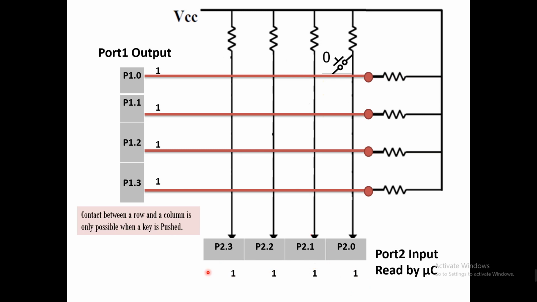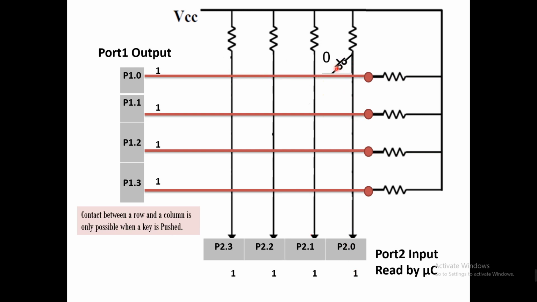Now if you want to push the switch, let's suppose, I animated it and now key 0 is pushed. What will happen now? Will this value change or not? Let us analyze very carefully.